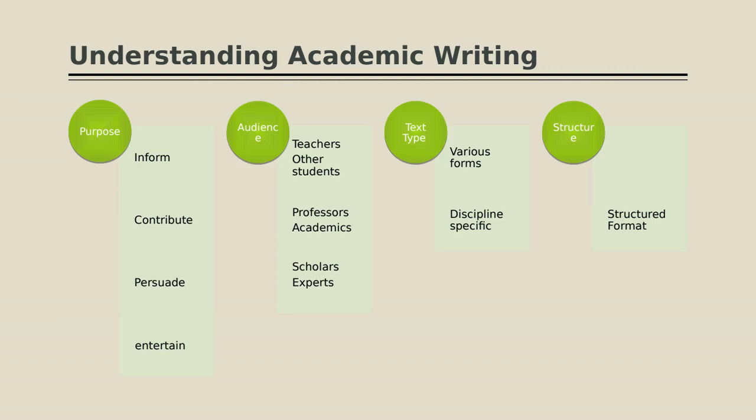Let's look at the key concepts of understanding academic writing. The purpose of academic writing is different. The audience is different. The text type and the structure. We base this on what we had at school, right?